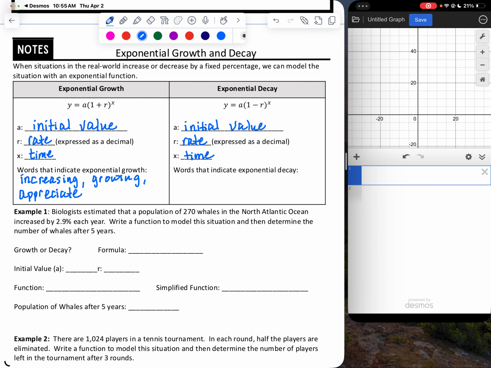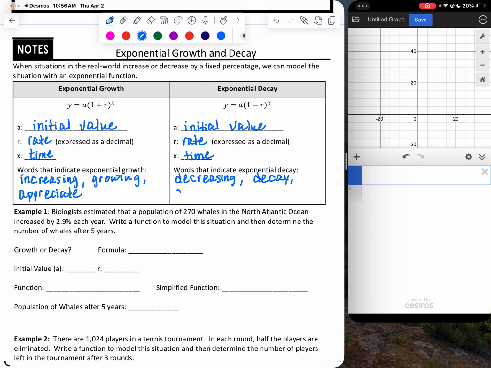But the words you see that denote exponential decay functions might be something like the value of the car was decreasing, or you might see the word decay, like a radioactive substance decayed at a rate of 5% per year or something like that.